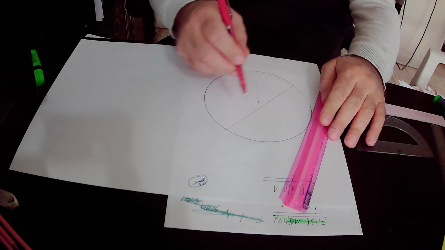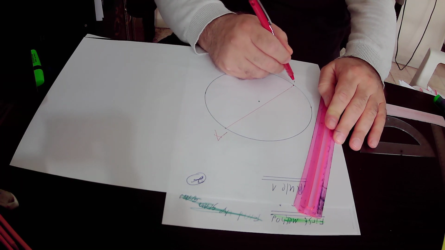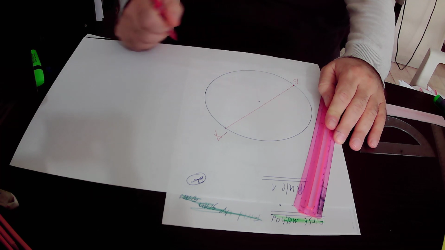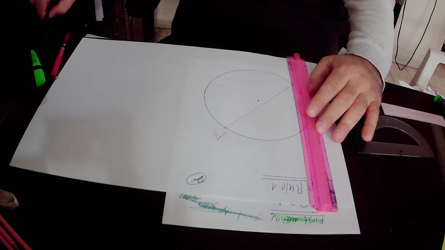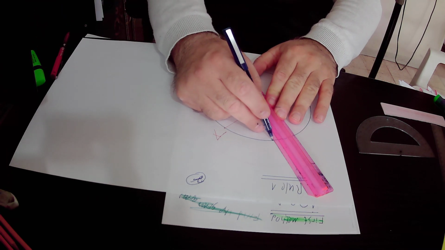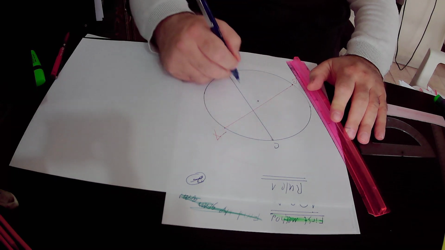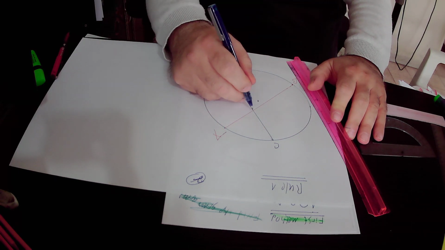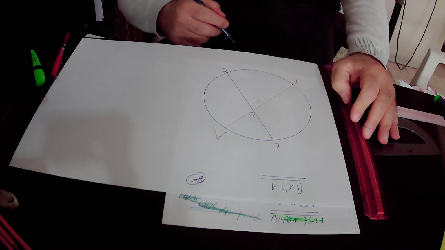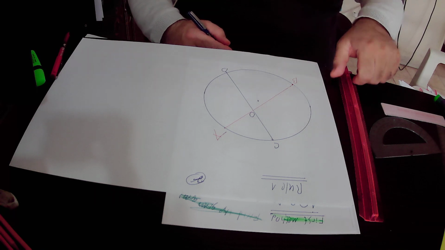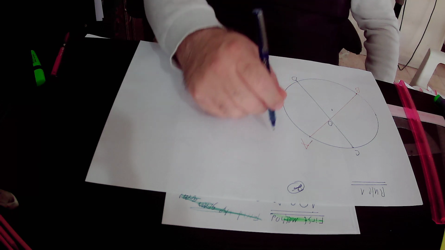This is chord AB. It intersects with chord CD. This is chord CD. Point O is the intersection point of chord AB with chord CD. So if this is the data that has been given to us, then the following equation is true.